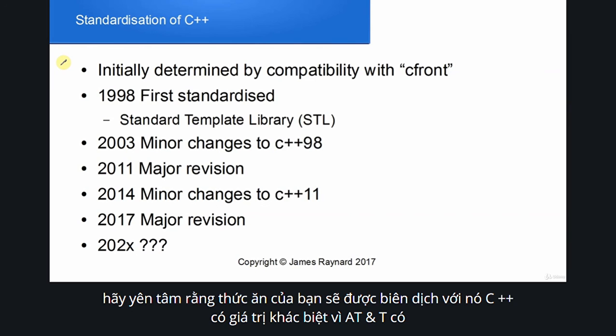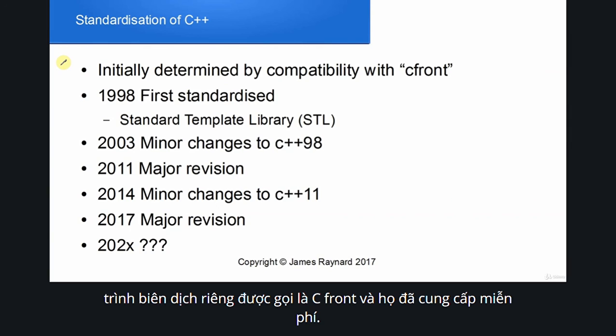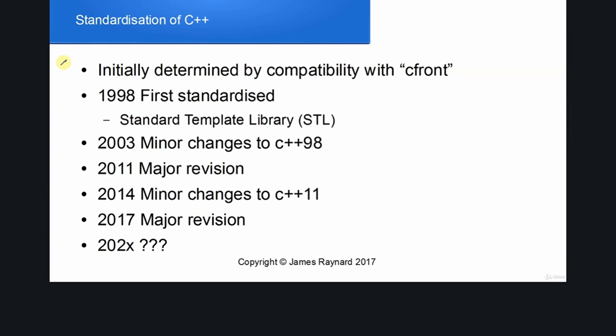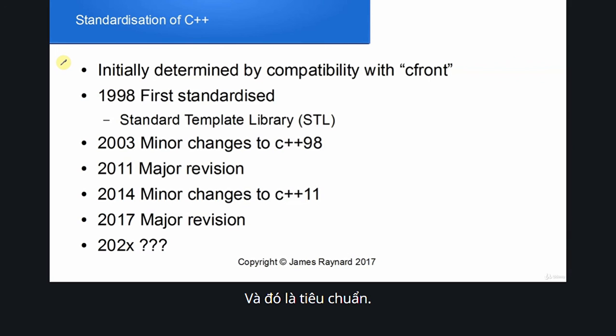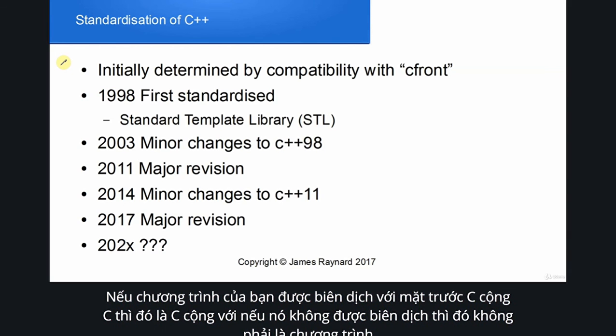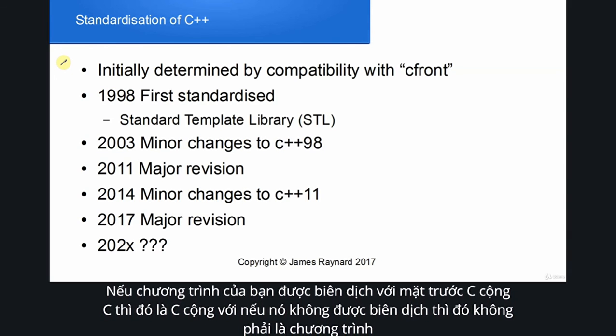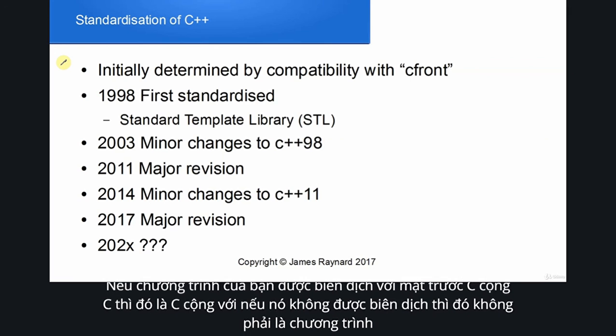C++ was rather different because AT&T had their own compiler called Cfront, and they made this available free of charge, so people could write their own C++ programs, and that was the standard. If your program compiled with Cfront, it was C++. If it didn't compile, then it wasn't C++.